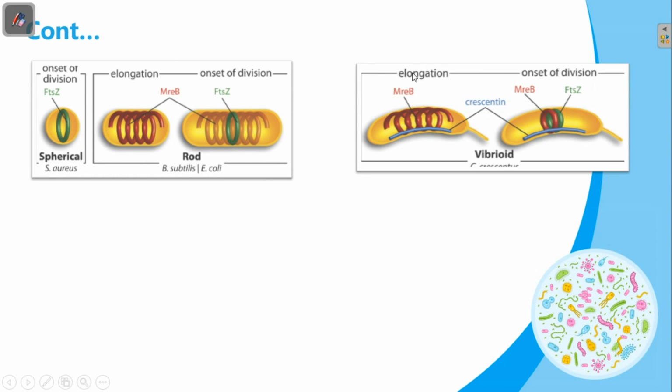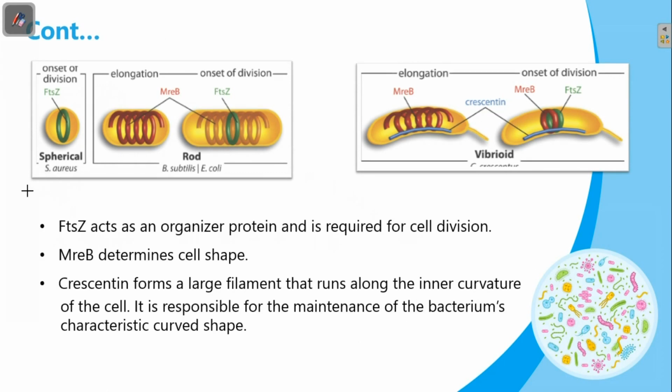Let me explain the proteins of the prokaryotic cytoskeleton in detail. First one is FtsZ. It acts as an organizer protein and is required for cell division. It was the first protein of the prokaryotic cytoskeleton to be identified.